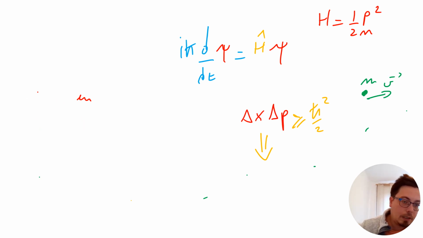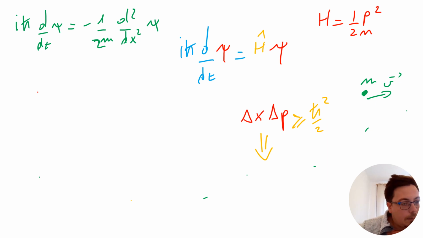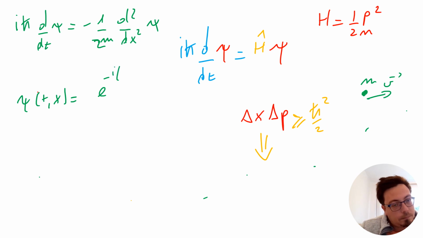So the equation is i h bar dt psi equals minus 1 over 2m second derivative in x of psi. And I claim that the solution is psi as a function of x and time t.